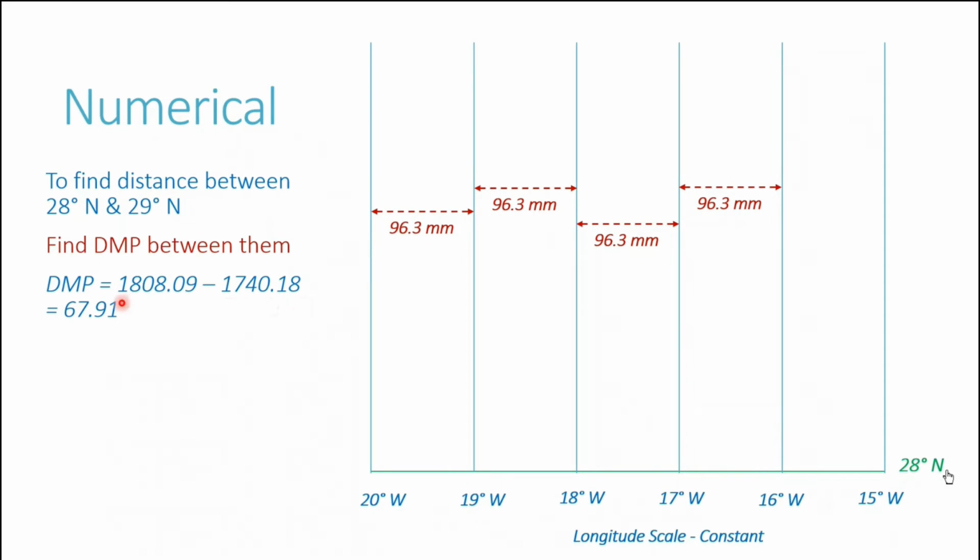And if you check the meridional part for the 29 degrees parallel, it is 1808.09, giving you the DMP as 67.91. So this tells us that between 28 and 29, you can place 67.91 minutes of longitude.